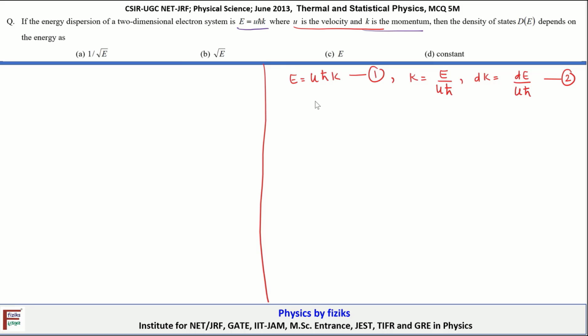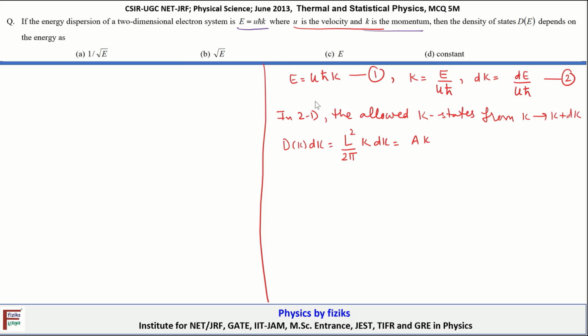Now in two dimensions, the allowed k states, this result you have to remember, from k to k plus dk, so that means we are talking about the density of states in the interval dk, are given by the expression g(k) dk equal to L square upon 2 pi k dk, or this is equal to A k upon 2 pi dk, where I have denoted A equal to L square, that's the area.